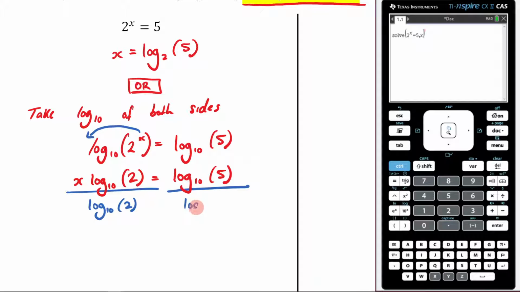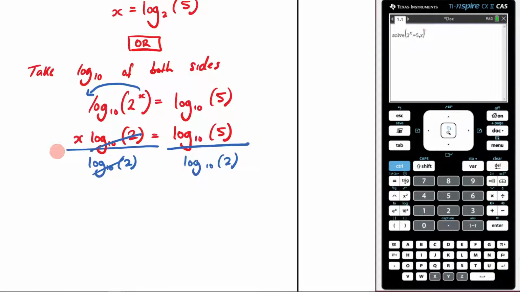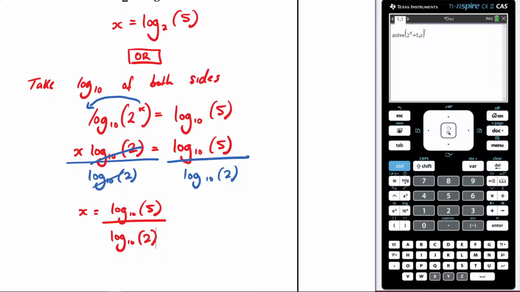Because now that will cancel with that, and that's what we want. Because now on our left-hand side, we're just left with x is equal to log base 10 of 5 over log base 10 of 2. And that right there is going to be our answer.